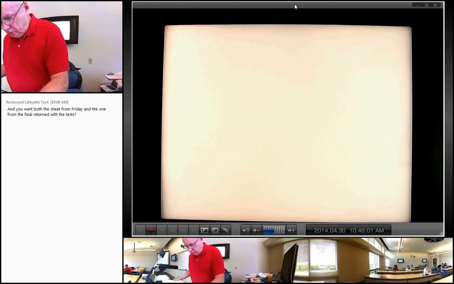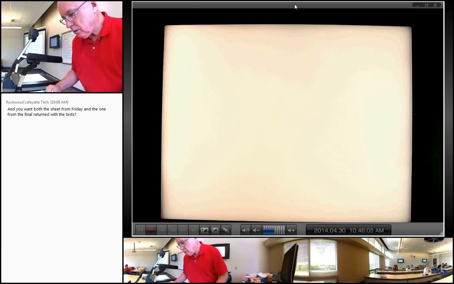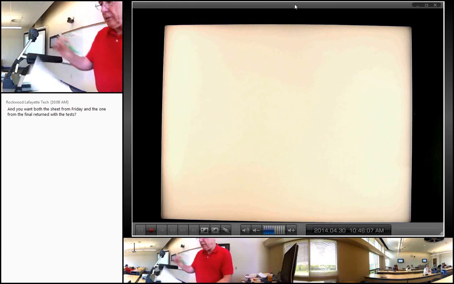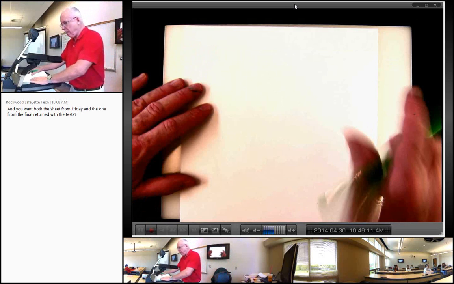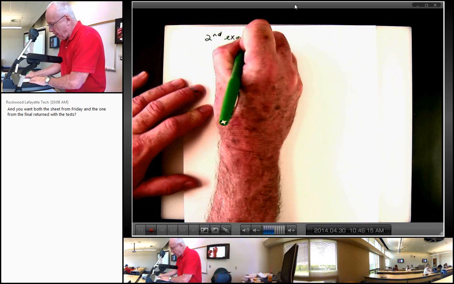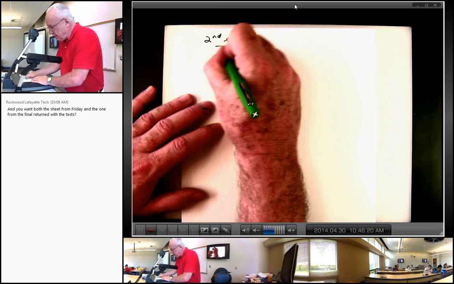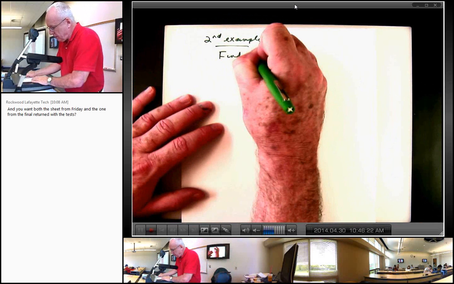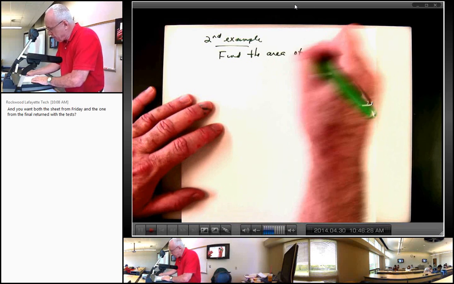Where is it? Okay, there it is. Okay, second example. Find the area of the part of the paraboloid.